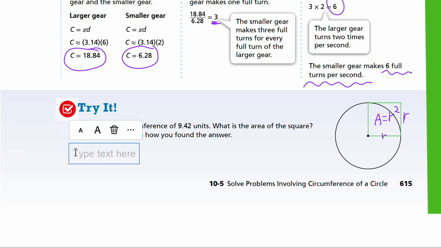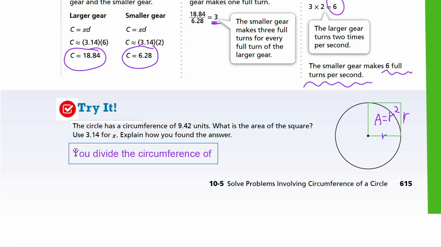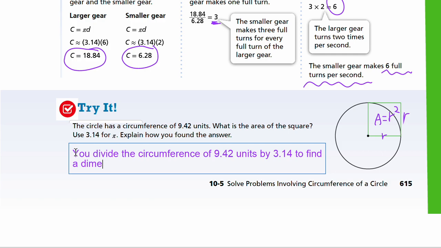So first, what do you need to do? You divide the circumference of 9.42 units by 3.14 or pi to find a diameter of 3. Did you get that?